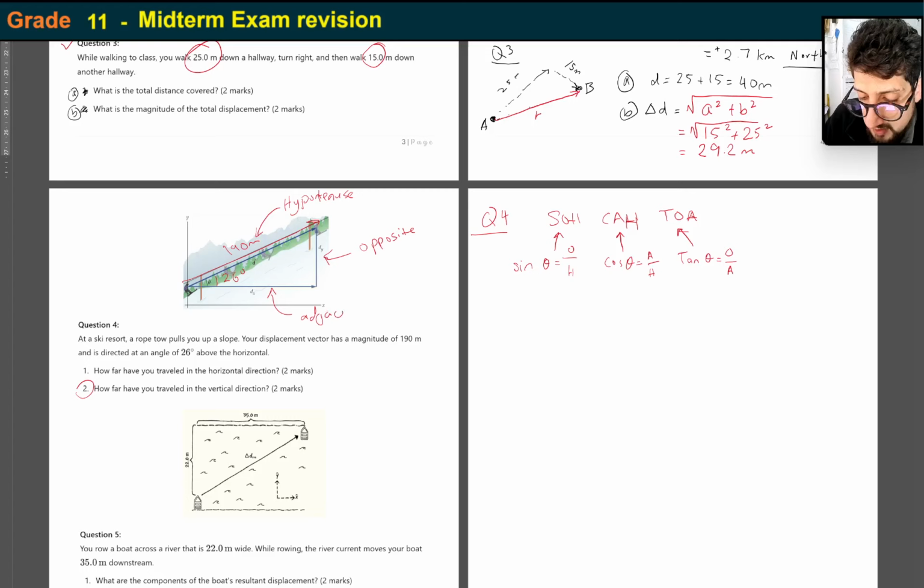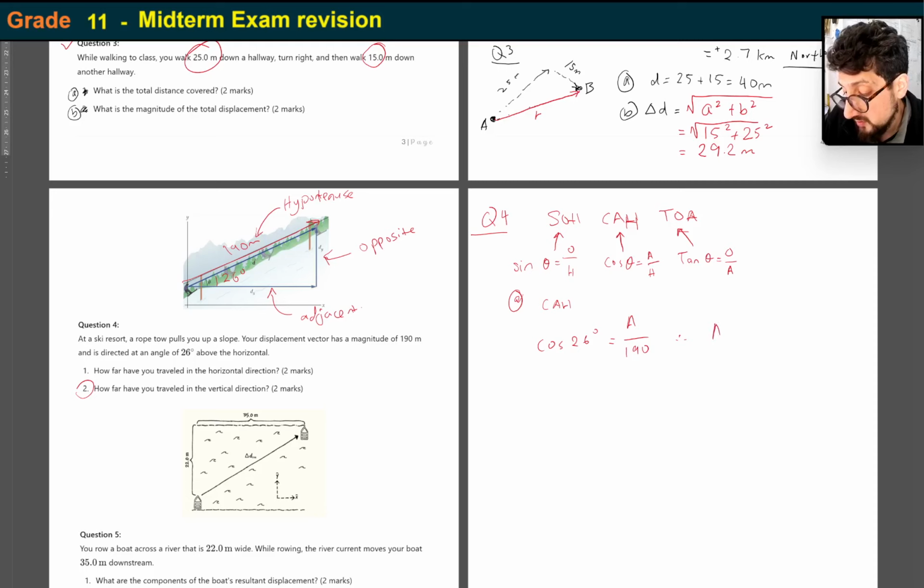And there are multiple ways of doing this. But let's just start by finding the horizontal distance, which is going to be the adjacent. So if I'm trying to find A, I can do cos, because cos 26 degrees is going to equal the adjacent over the hypotenuse, which in this case is 190.